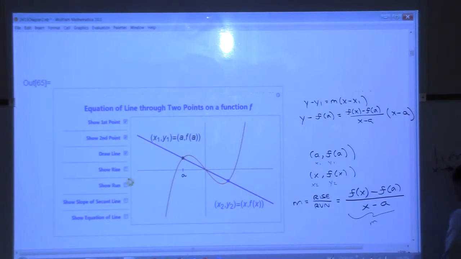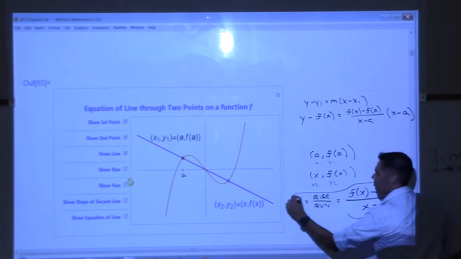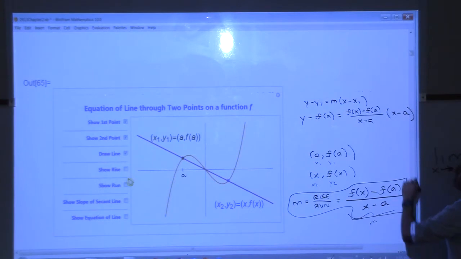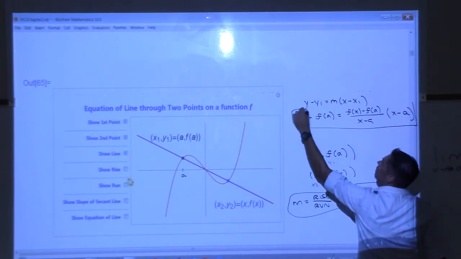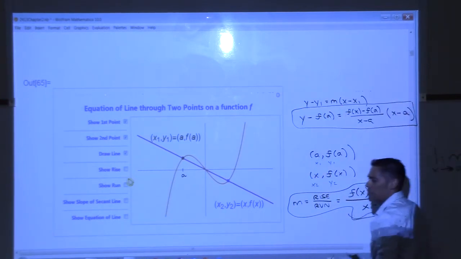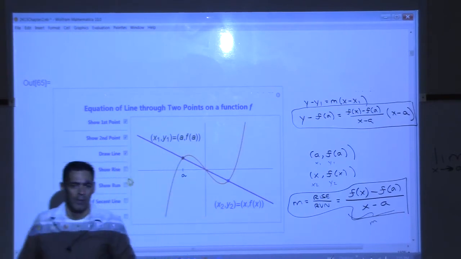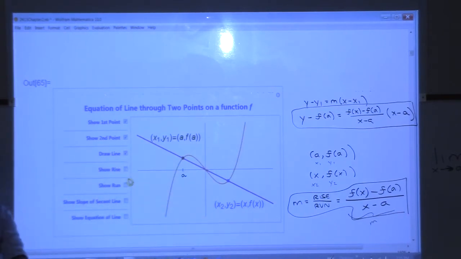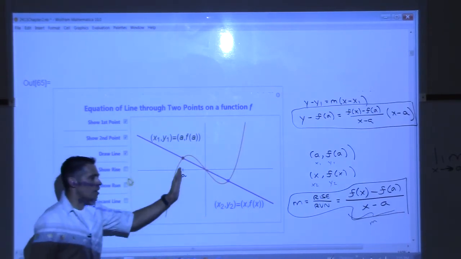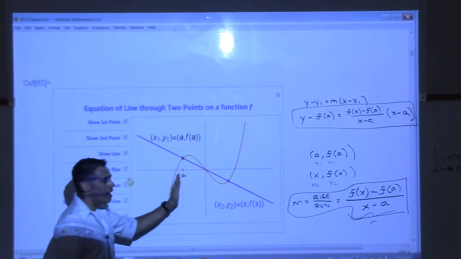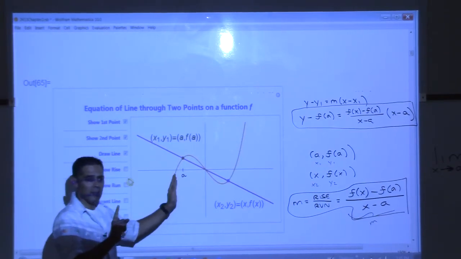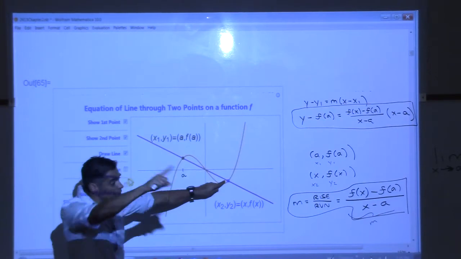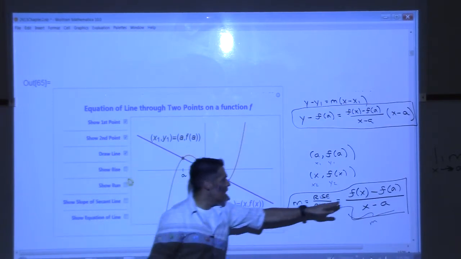So these are big deals right here. This right here, and this right here. Those are two things you're going to need to know. If somebody gives you an arbitrary function, and they give you some point to start at, you can always find the slope of the secant line between that point and any other point on the graph by using that formula.